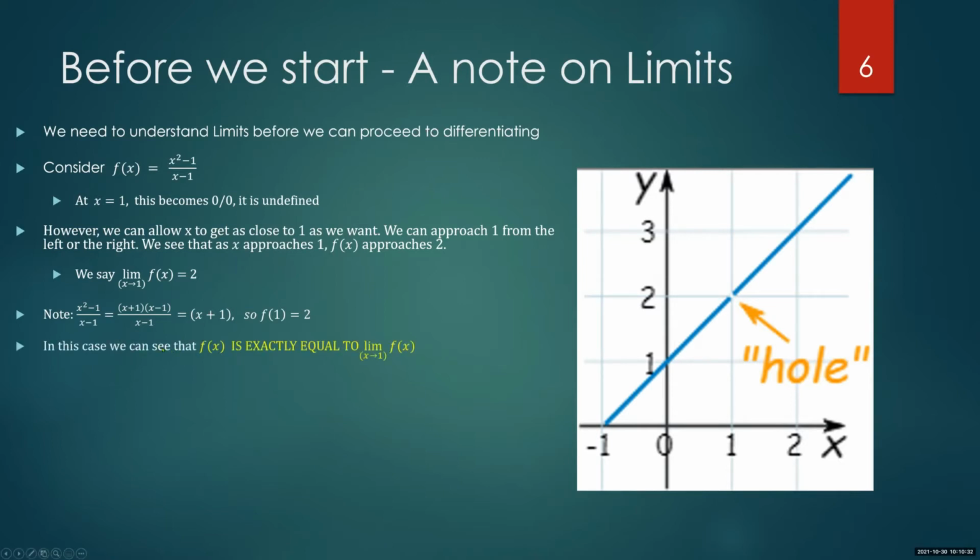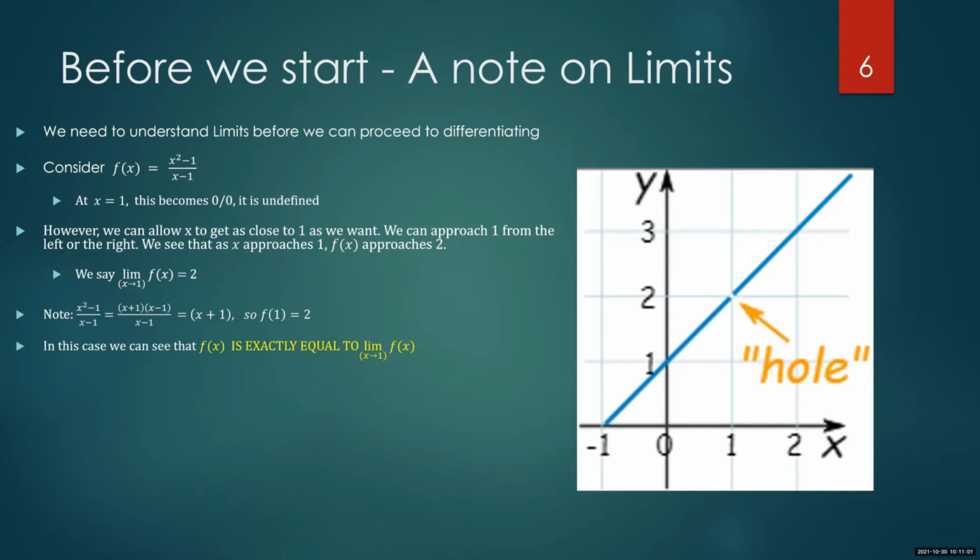In this case, and this is a very, very important point, f of x is exactly equal to the limit as x goes to 1 of f of x. We might think that as we allow x to get closer and closer to 1, we're getting a better approximation of the value of the function at x equal to 1.